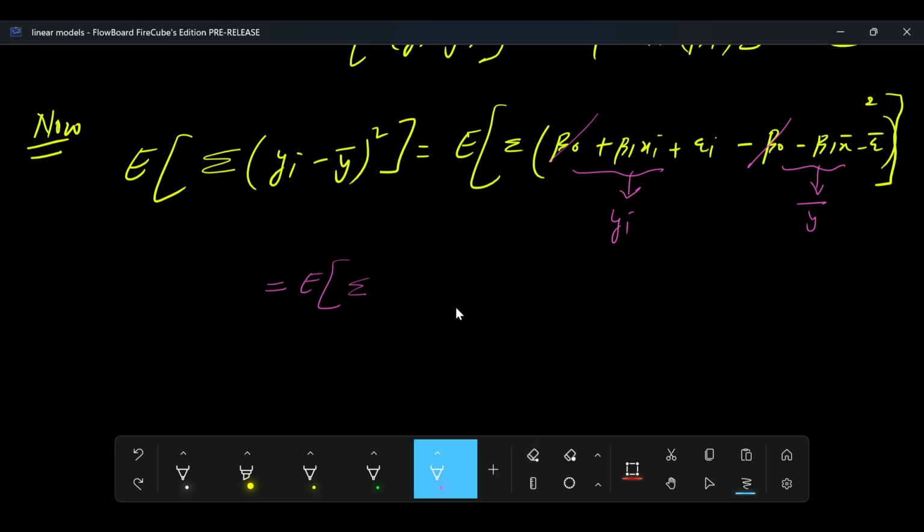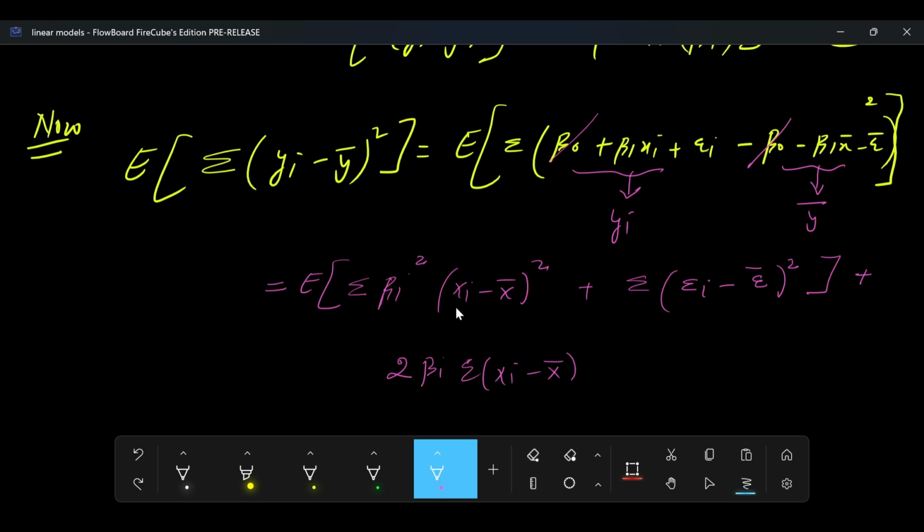So now we will be left with only summation beta 1 square xi minus x bar square, plus summation ei minus e bar square, plus 2ab, that is 2 beta 1 summation xi minus x bar times ei minus e bar. Keep it as a square plus b square plus 2ab.